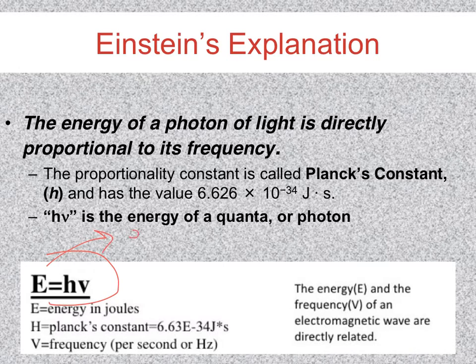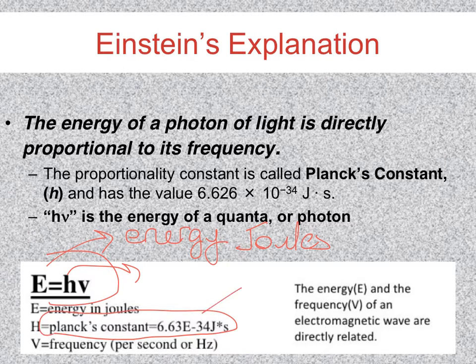So E stands for energy, of course, and the most common units we work with are joules, which is abbreviated with a capital J. And h is Planck's constant, which I'll give you, of course, but you may want to jot it down to be able to work the problems. 6.626 or 6.63, depending on how you round, times 10 to the minus 34.